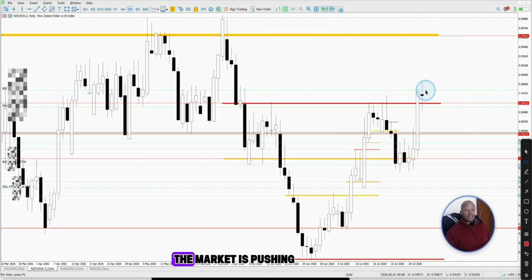It means now that the market is pushing to this level. The buy trade is going up to accumulate more profit. In other words, it's going to generate more profit as the price pushes to this level, so we will be able to cover the loss from the sell trade.